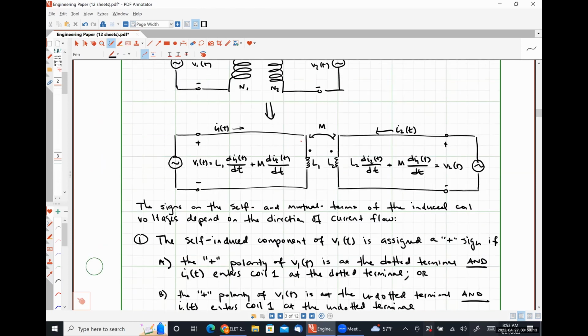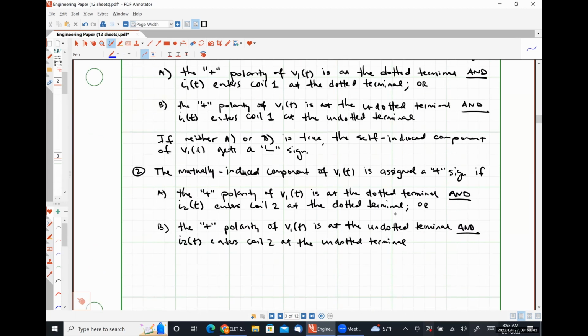So that condition would be something like this. If we had the positive polarity of our voltage defined down here, and our current I2 were flowing in the opposite direction as we had previously stated, we would wind up with a positive M term here. If neither of these criteria is met, we give it a negative sign.